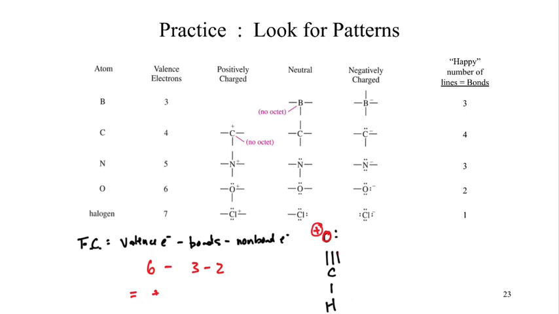So we get this structure set up here. Okay? Is that the best structure? What defines best? Subjective. Best can be very subjective until you have a set of rules.